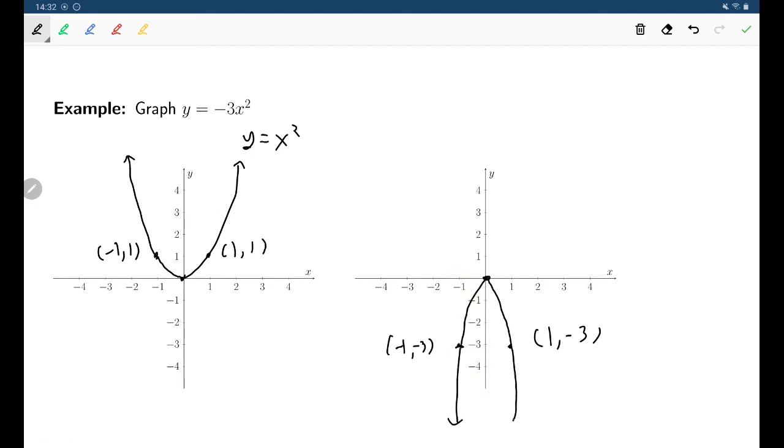And then there we go. We've got ourselves our graph of y is equal to -3x squared. It's 3 times taller than the original parabola, and it's also been reflected in the x-axis.